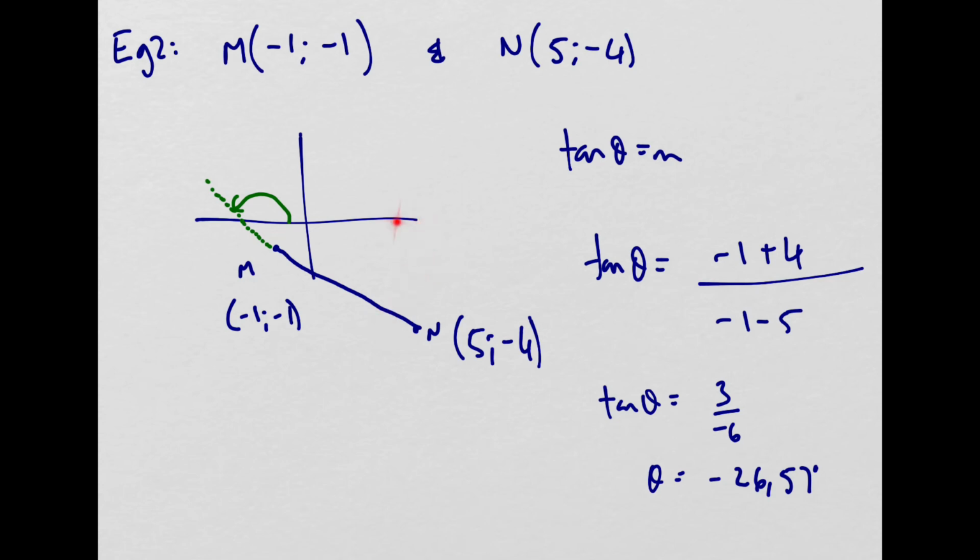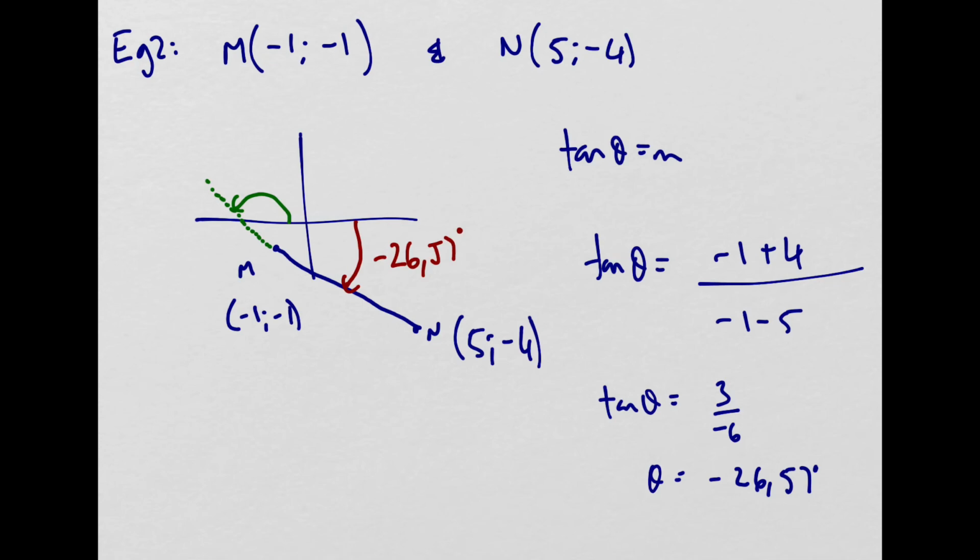So instead of going in this direction, from 0 degrees to 90 to 180 to 270 to 360, your calculator thinks, hang on, the shortest route is actually in this direction. So it goes in a negative direction. What that means is the calculator has shown that it's moved negative 26.57 degrees.